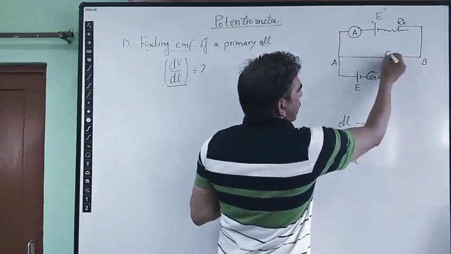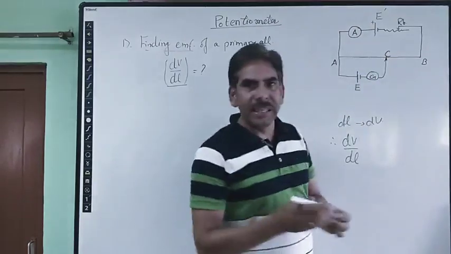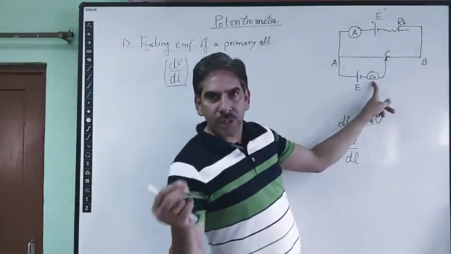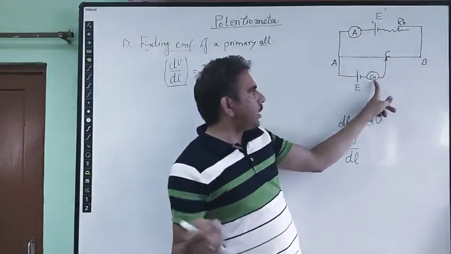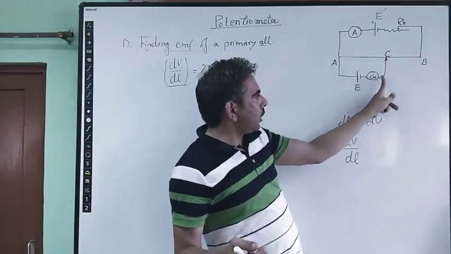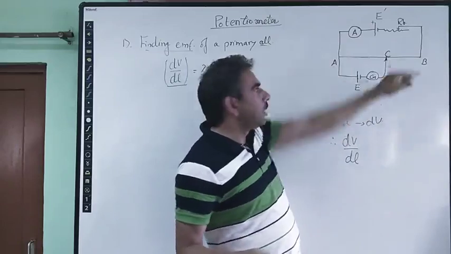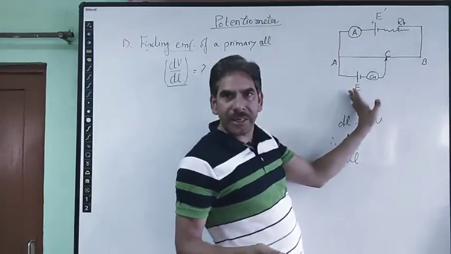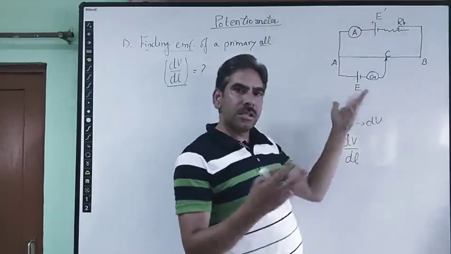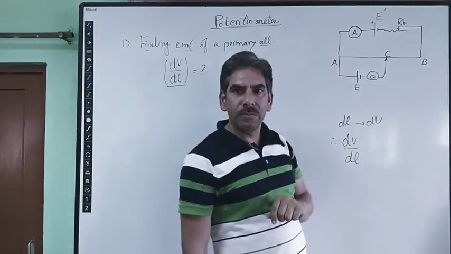Suppose that this point is C. That means at point C, the galvanometer is showing 0 deflection. That means there is no current flowing through this arm. Because no current is flowing through this arm, the circuit is not drawing any current from this cell. It behaves just like this cell is not getting used.